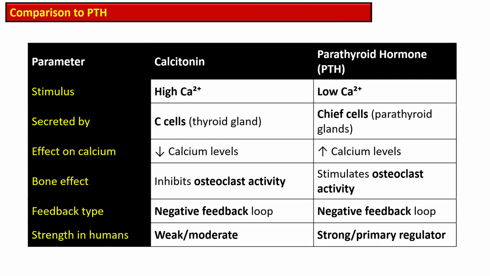So this table is comparing both of the hormones, the calcitonin and parathyroid hormone. The calcitonin stimulus is high calcium, while the stimulus for parathyroid hormone is low calcium. The calcitonin is secreted by C cells, while the parathyroid hormone is secreted by chief cells.